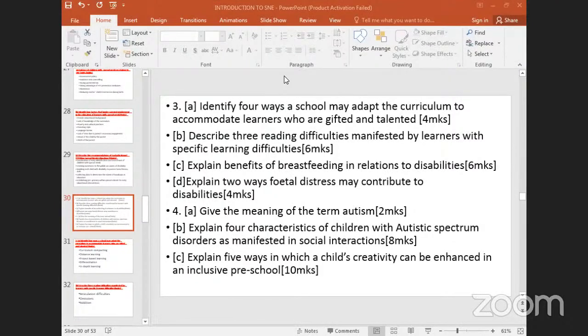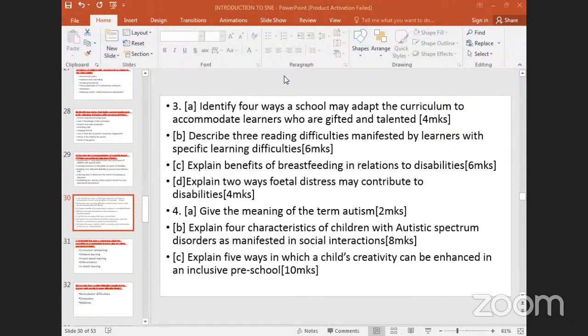And when you get those answers, you are not told to describe or to discuss. You are just told to identify. It is like you give a learner assorted items and tell them, I want you to identify all the items that are blue in color. When you identify, you are picking out.